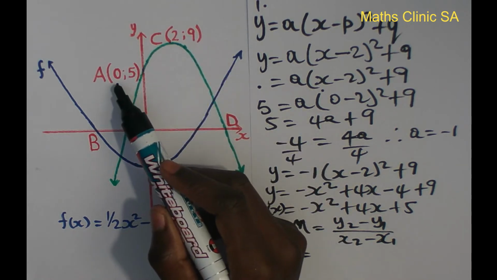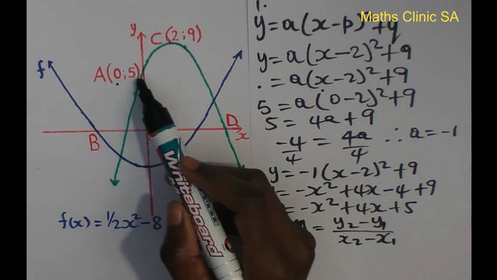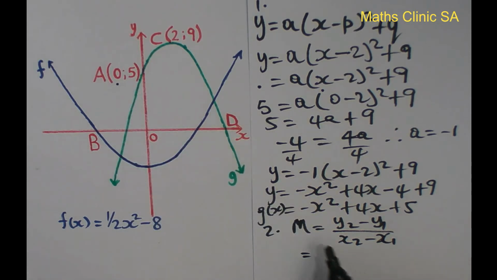Nalapha ku a njengoba simenze point 2, u-x2 wethu ngu-0, u-y2 wethu ngubani ngu-5. So y2 wethu ngu-5, u-y1 wethu ngubani ngu-9 divided by u-x2 wethu ngu-0, u-x1 wethu ngu-2, so it's a negative 2. This equals to 5 minus 9 ngubani ku negative 4 divided by minus 2. This is equal to 2. So average gradient between a no c ngubani ngu-2.